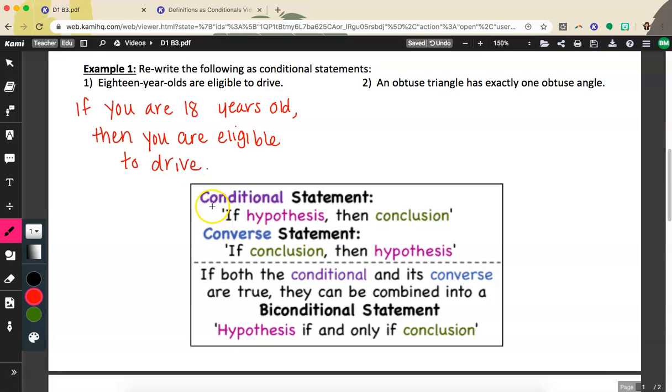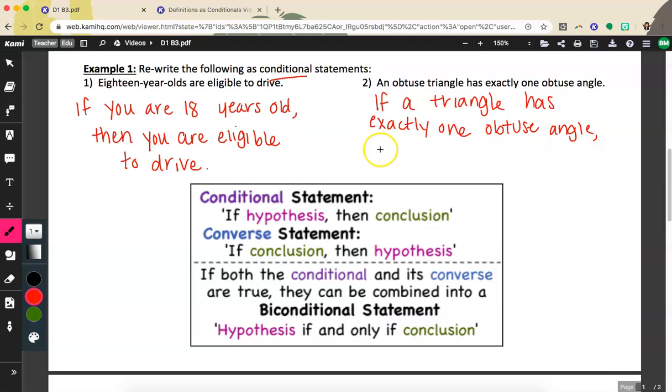That's it. Number 2 is more geometry based. An obtuse triangle has exactly one obtuse angle. To make that a conditional statement, we'll say, if a triangle has exactly one obtuse angle, then it is an obtuse triangle.